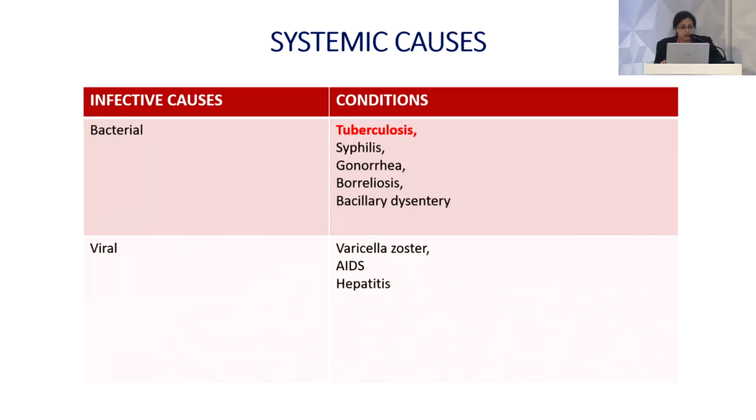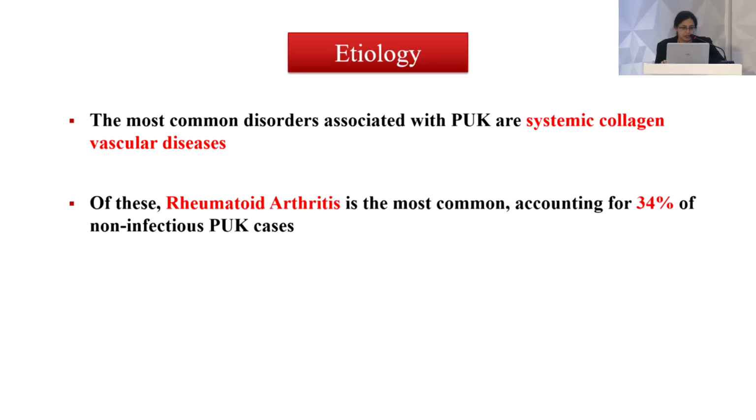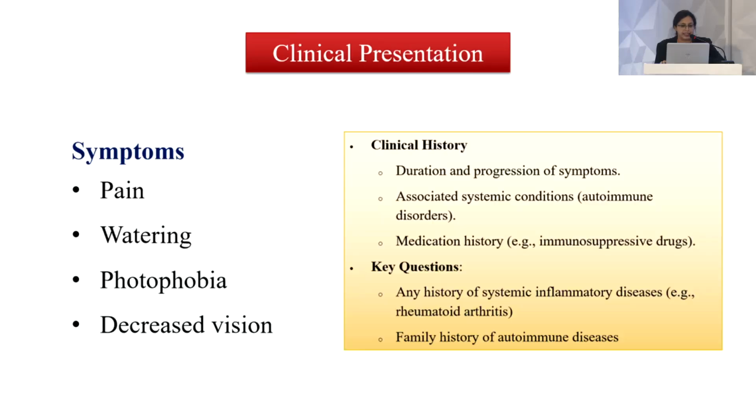Then infective causes: even systemic infections can lead to a peripheral ulcerative keratitis like picture, tuberculosis being one of the most common, along with syphilis, gonorrhea, borreliosis and bacillary dysentery, and in viral, AIDS leading to systemic immunosuppression, hepatitis and varicella zoster. The most common disorders associated with PUK are systemic collagen vascular disorders, of which rheumatoid arthritis accounts for nearly 34% of the non-infectious autoimmune PUK cases.